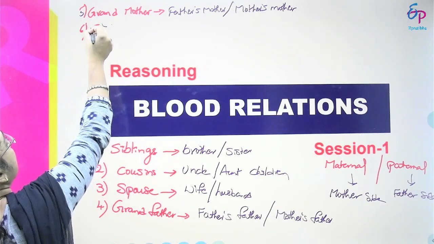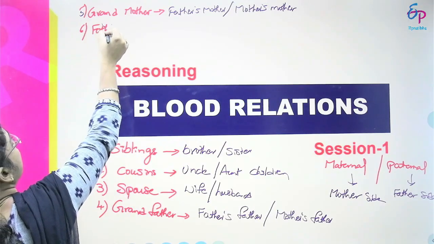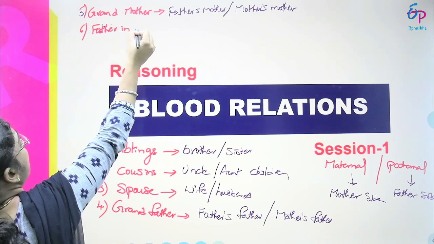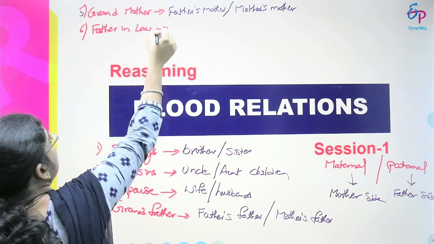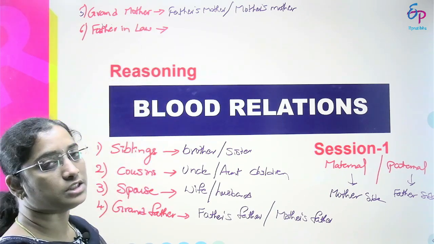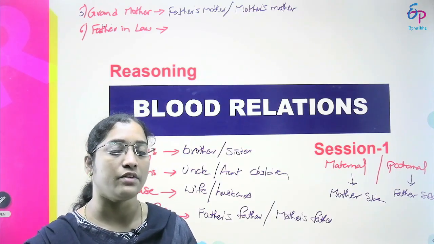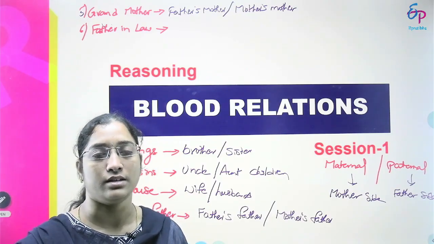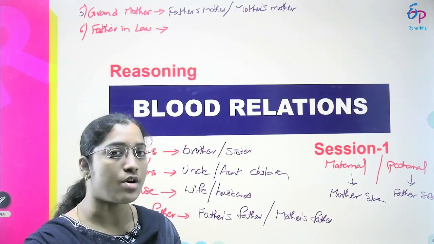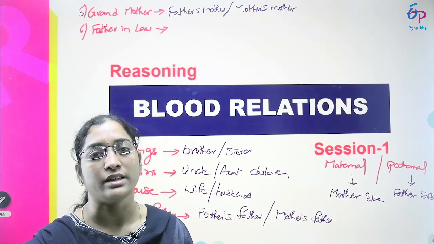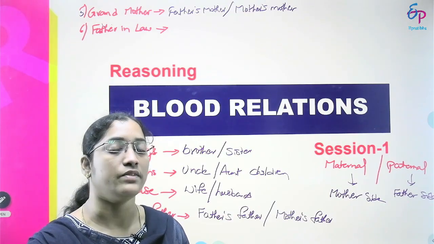Then I want to take father-in-law. So here I am taking in-law relationships. When we are using relationships, generally we use normal relationships and in-law relationships, right? So father-in-law generally means uncle, right? But which uncle?